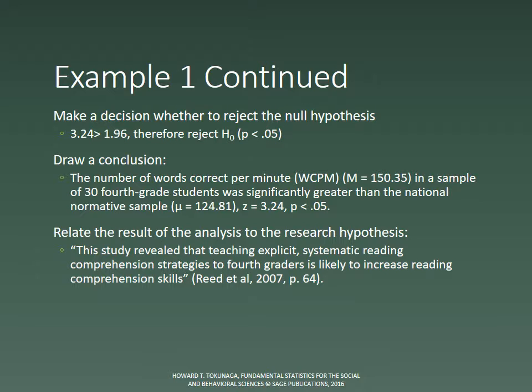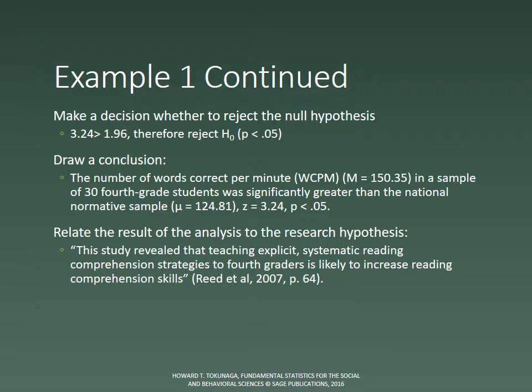If we accept the null hypothesis, then we are going to say that there is no significant difference between the sample and the population. Since we rejected the null hypothesis, our conclusion would be the number of words correct per minute with a mean of 150.35 in a sample of 30 fourth grade students was significantly greater than the national normal sample, which had a mean of 124.81.